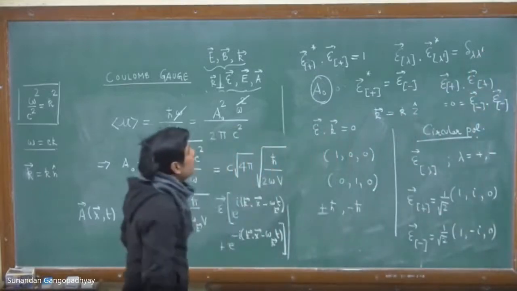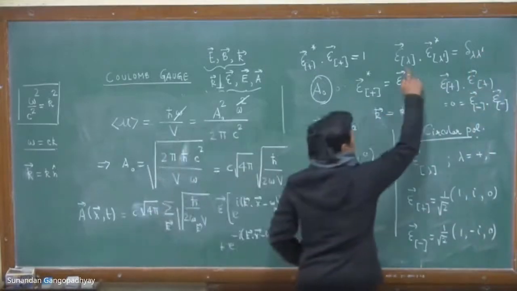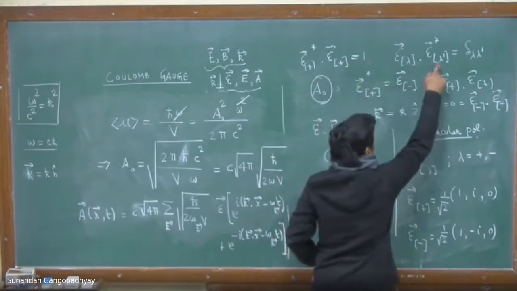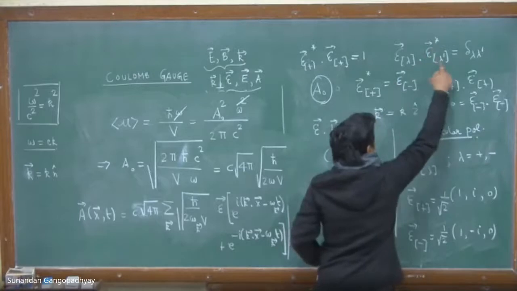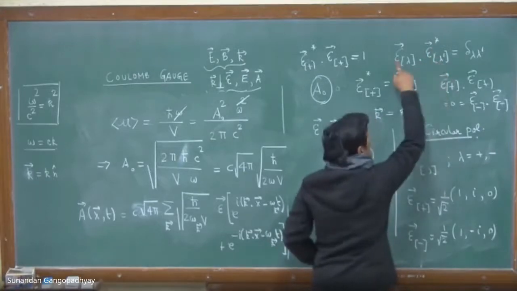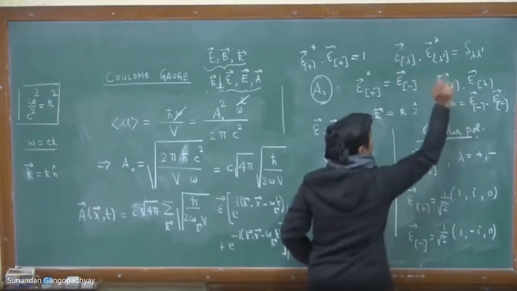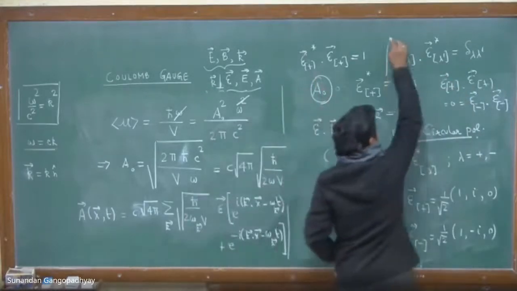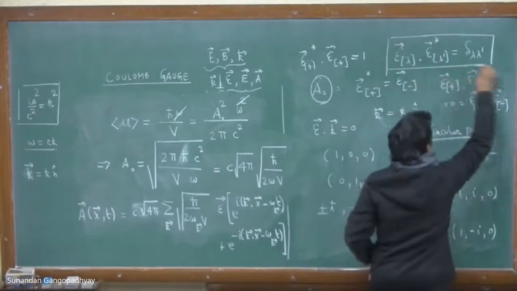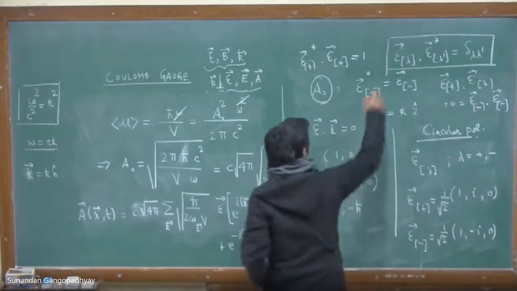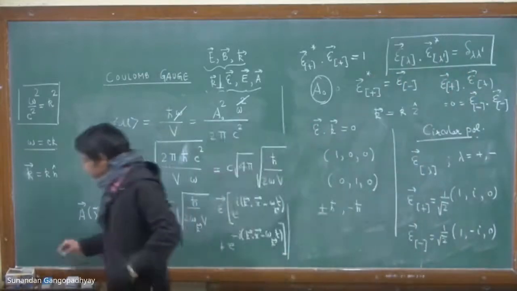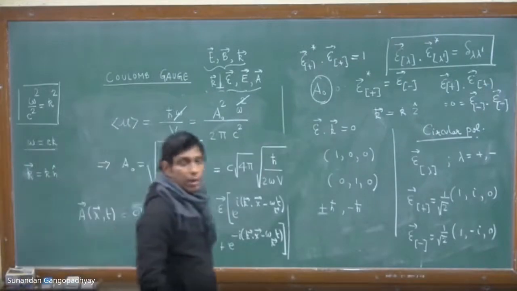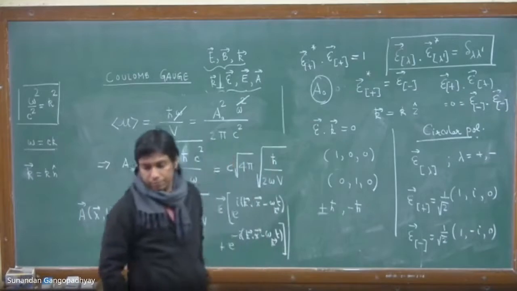You can check that, because when lambda and lambda prime are both plus, this is 1, and when this is plus and this is minus, epsilon star minus is epsilon plus, but epsilon plus dot epsilon plus is 0. Therefore, you have a Kronecker delta. So you can combine all these relations into this one relation. We shall use this relation, and it will be very crucial when we compute the Hamiltonian operator for the electromagnetic field.